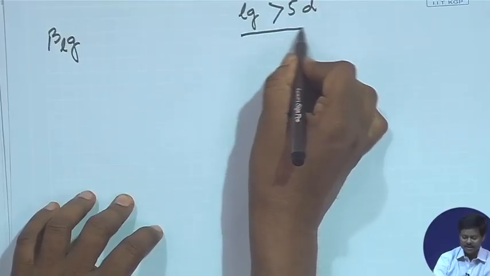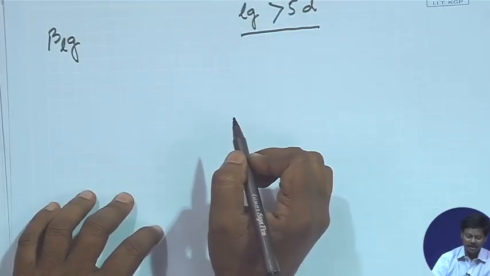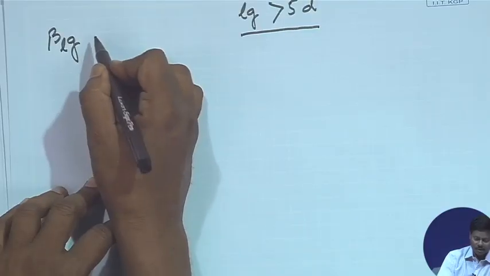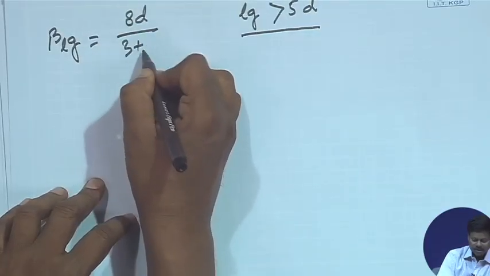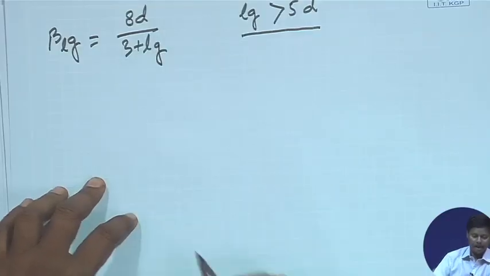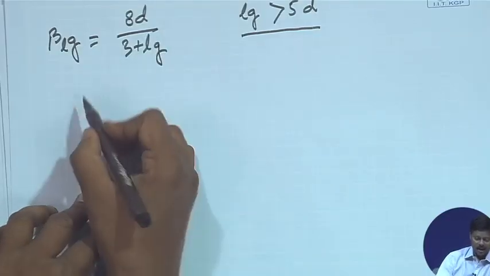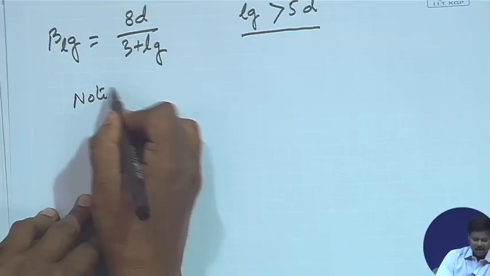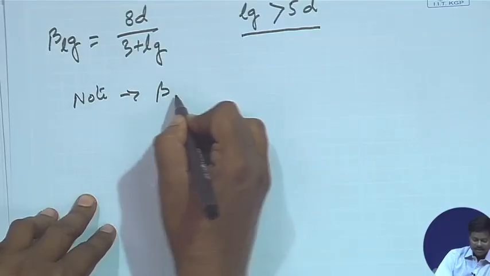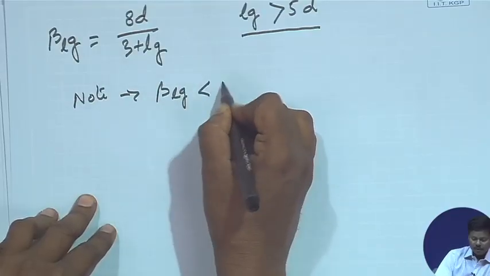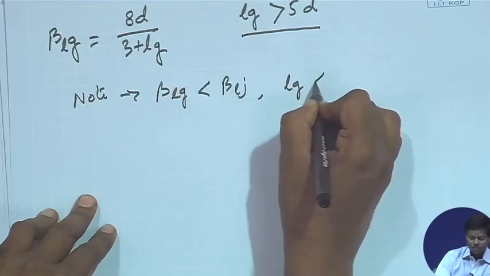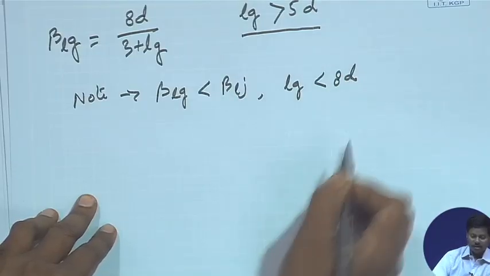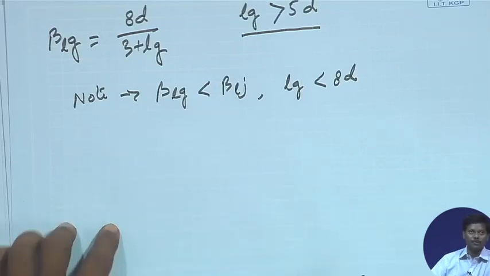So, when Lg becomes more than 5 D, then I can calculate the beta Lg value as 8 D by 3 plus Lg, right. And note that beta Lg should be less than beta Lj and Lg should be less than 8 D. Then we can use this formula.